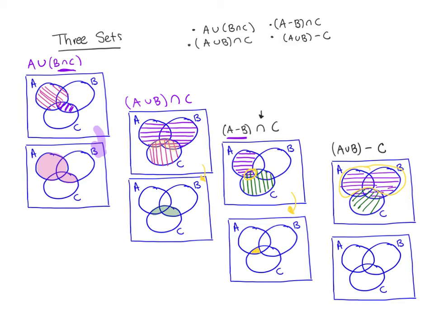So I'm looking for that stuff that was in A or B, but not in C. So I can use these Venn diagrams to really help me picture what's going on in these different sets.